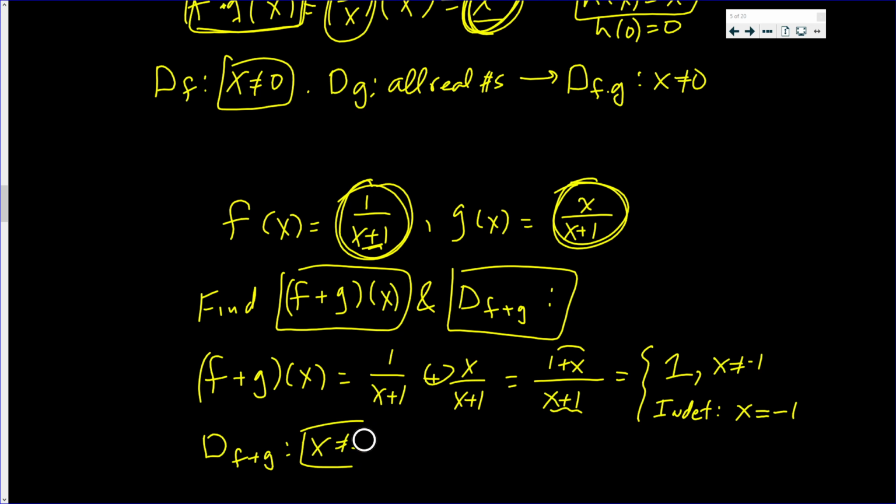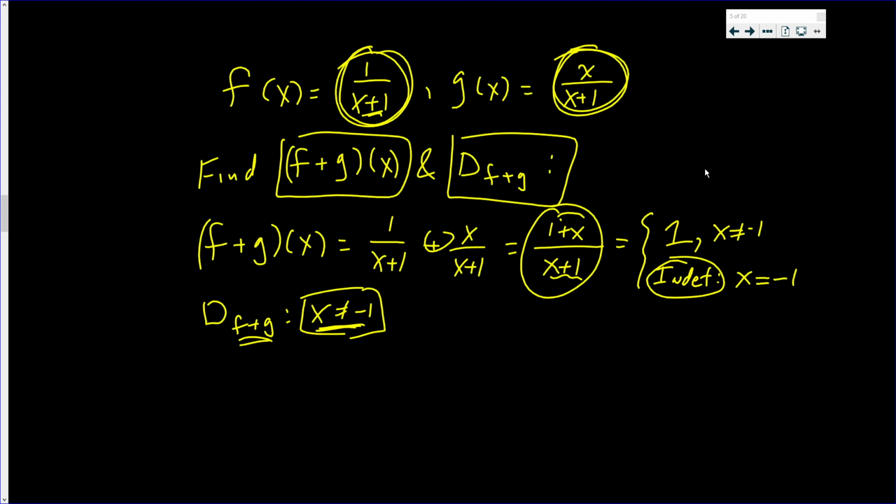Now, we are not getting the same answer. Right here, when I plug in negative 1, I get indeterminate. When I plug it in here for f plus g, I get undefined. I don't even know what rule to use for f plus g.